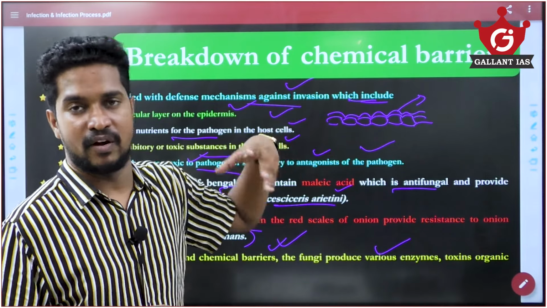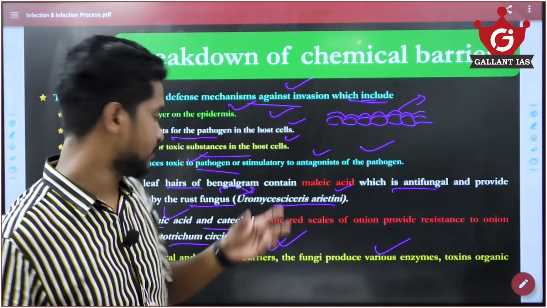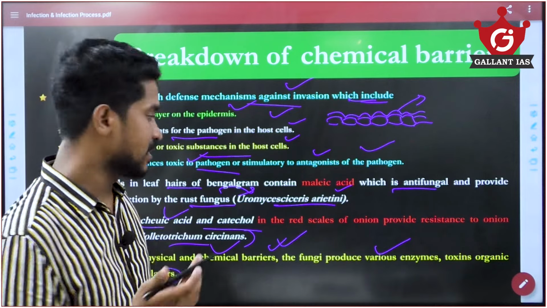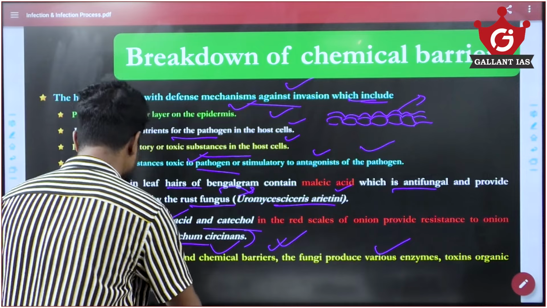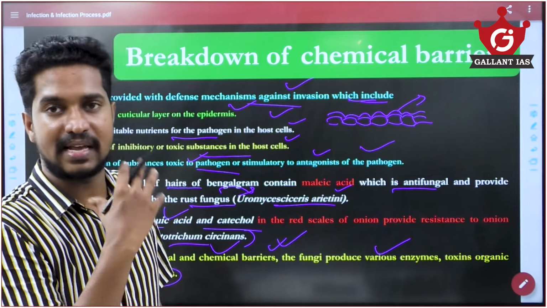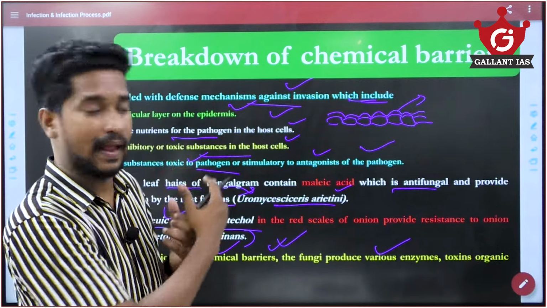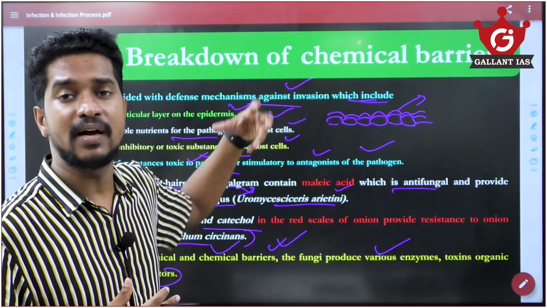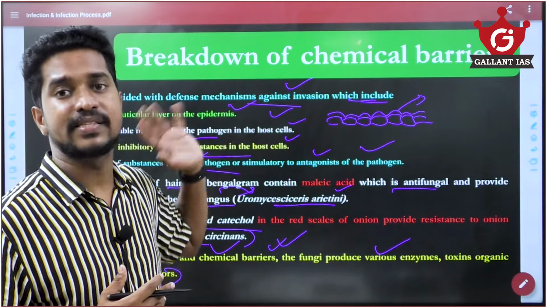For the time being, just understand that by producing enzymes, toxic organic acids and growth regulators, the fungi can overcome the physical and chemical barriers of the plant defense mechanism.